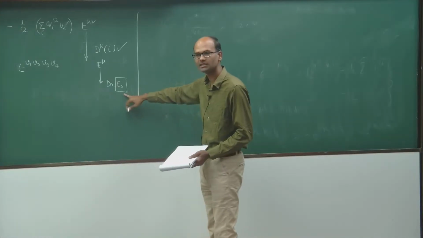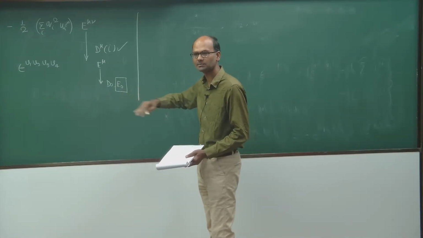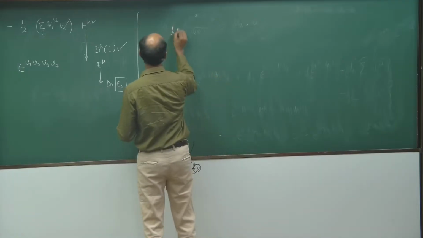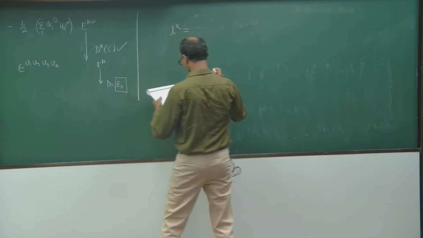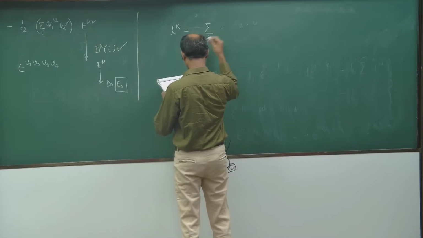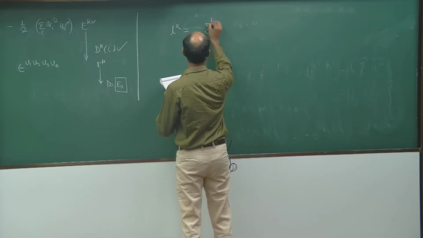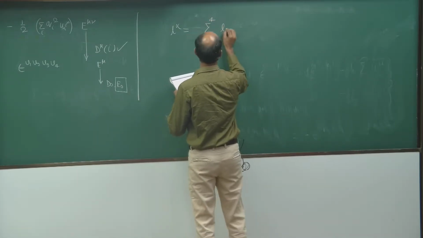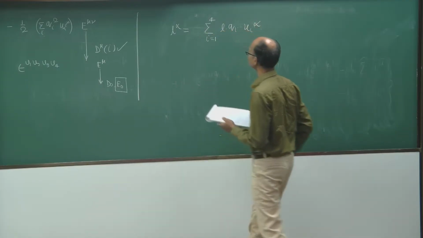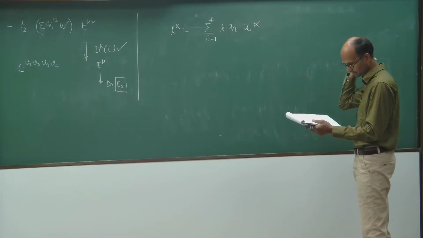What I want to show you is that E0 is expressible in terms of D zeros. Again, what helps us is the expression of L mu in terms of Pi's or corresponding Qi's: sum over i from 1 to 4 of L dot Qi Ui alpha. That's the starting point.